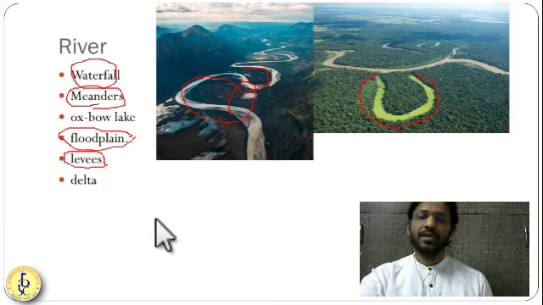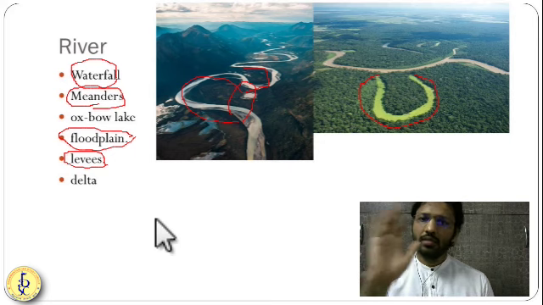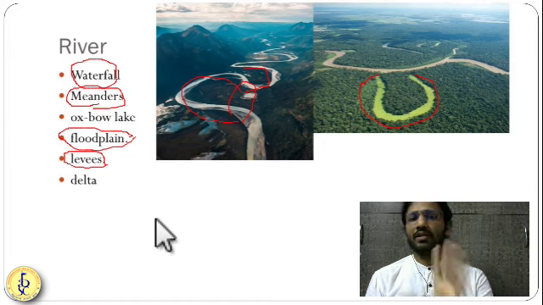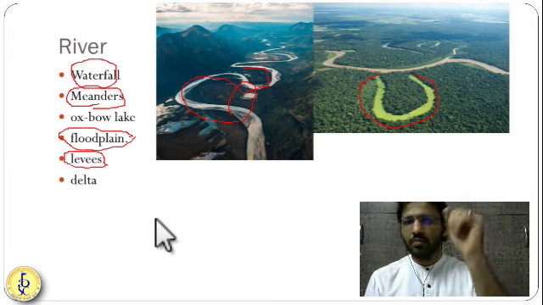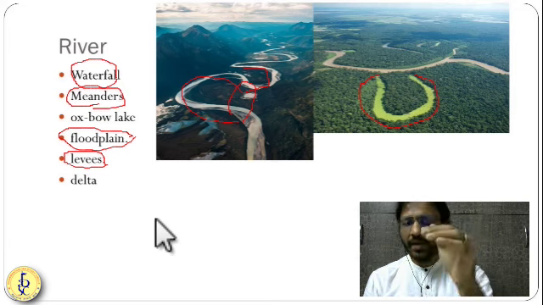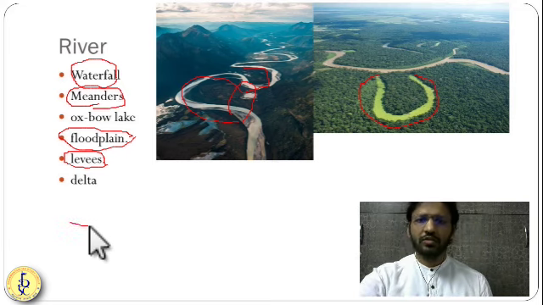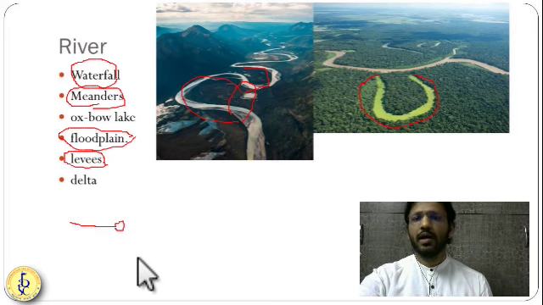Okay, and at the mouth of the river, where the river meets the sea, the river is very very slow, so it will deposit its own sediments on its own path. For example, the river has come and it is very slow. Now it will deposit its sediment on its own path.